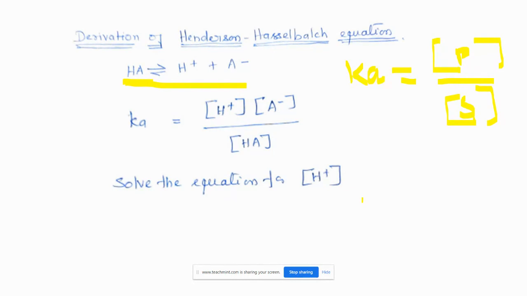You have to get H plus on this side, that's all. It's a simple thing.